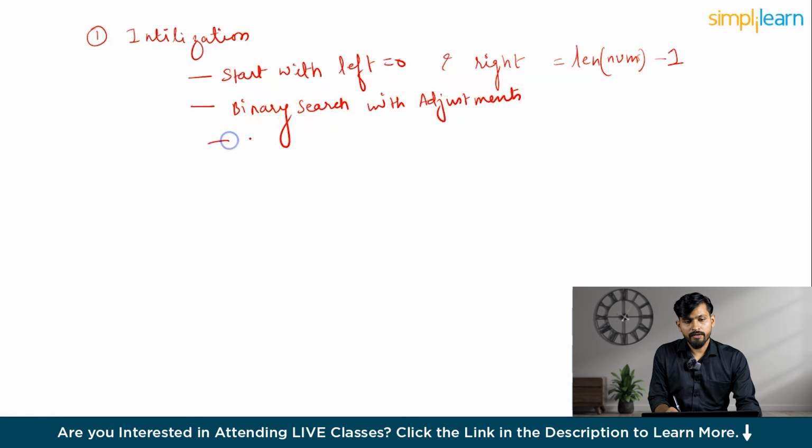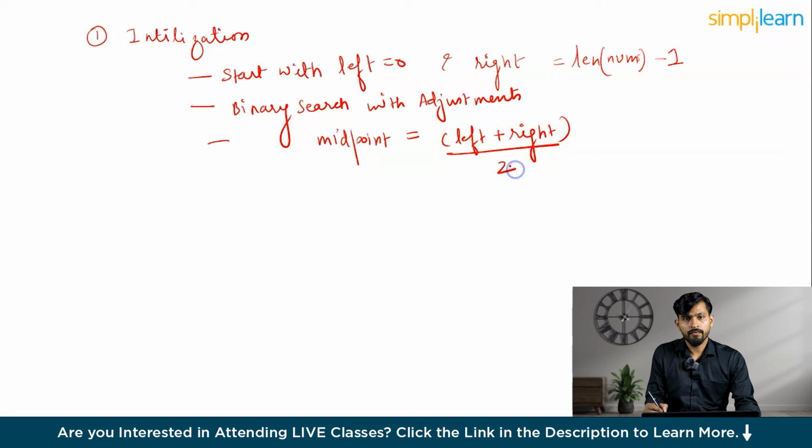So here we are going to calculate the midpoint of the given array, which is going to be left plus right divided by 2. Then we are going to check 3 positions to account for potential misplacements.